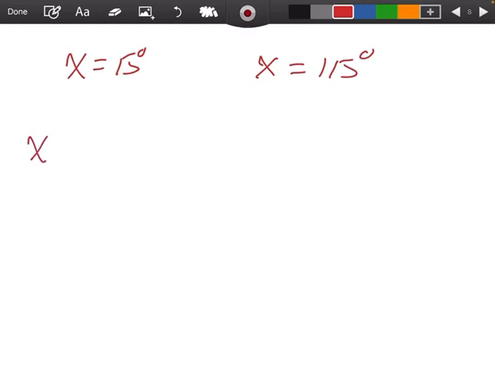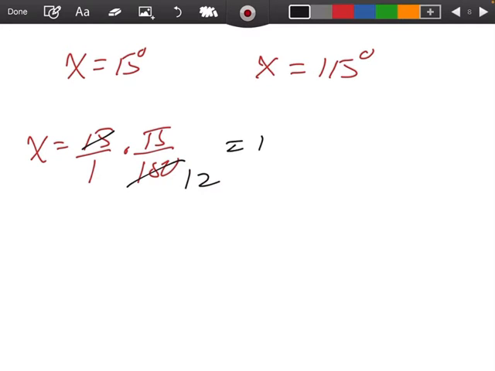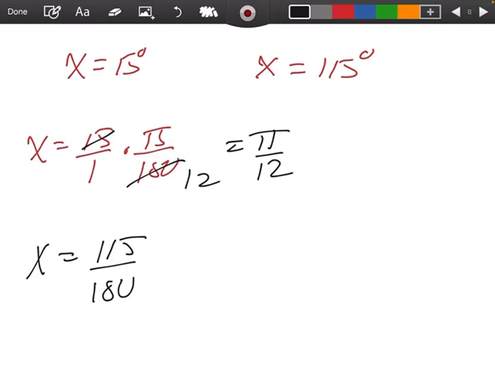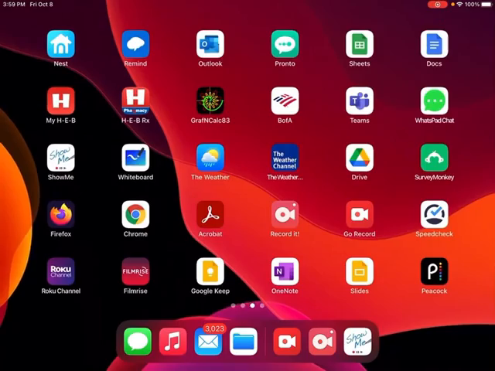So let's go ahead and convert these to radians. So I'm going to say 15 degrees over 1 times pi over 180. These here will reduce to 12. So my first answer is pi over 12, and then the second angle over 1 times pi over 180, and let me see what I can reduce these by.